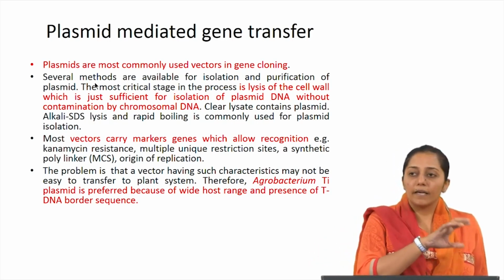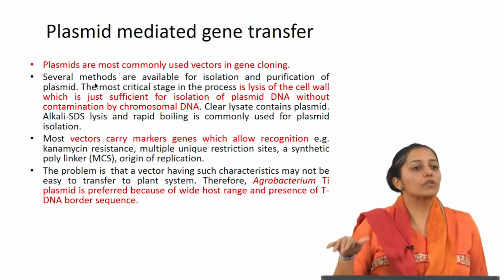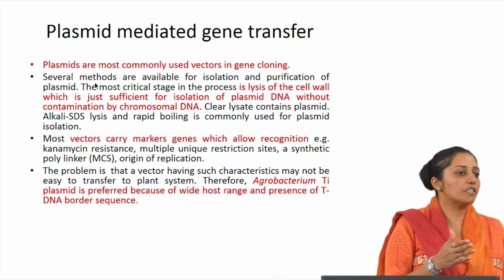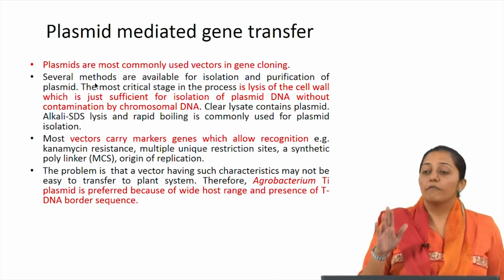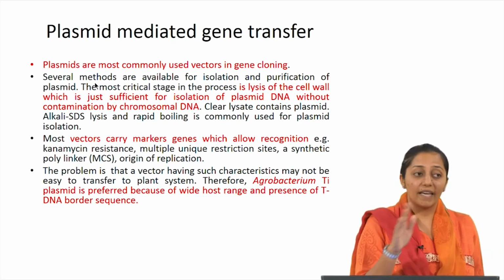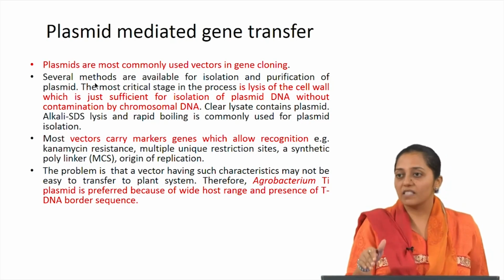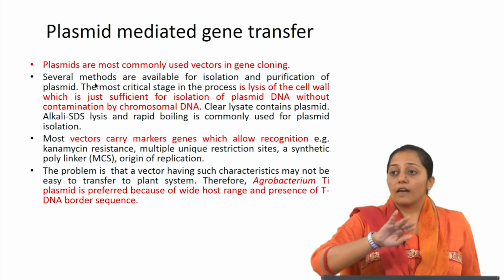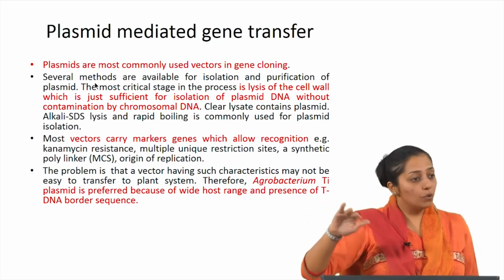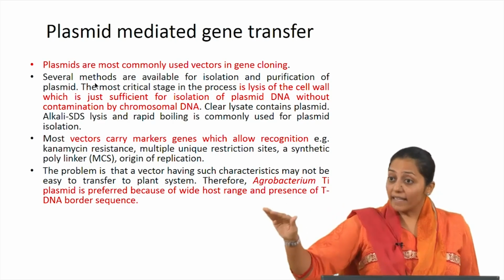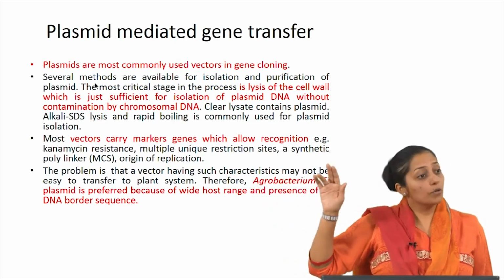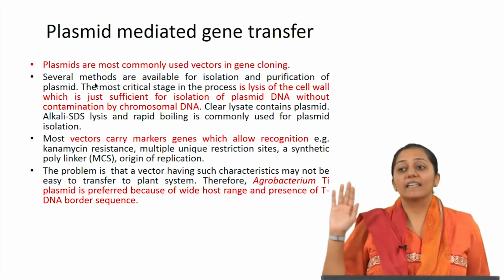Outside this T-DNA there are also different regions of the Ti plasmid or the Ri plasmid, with genes responsible for the breaking and multiplication of this T-DNA, processing of this T-DNA, then transfer of this T-DNA into the plant cell, and protecting it there till it reaches the chromosome of the plant cells and gets integrated.